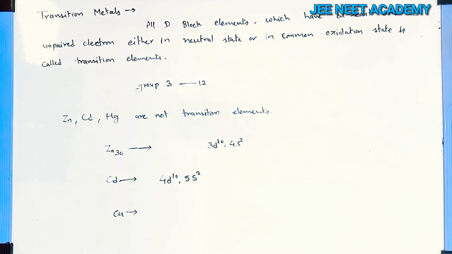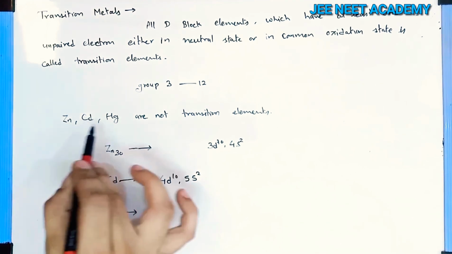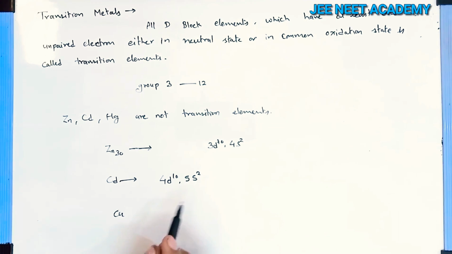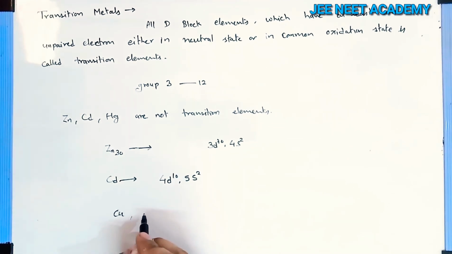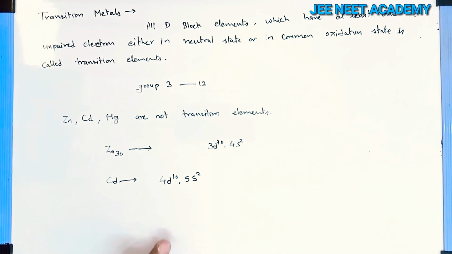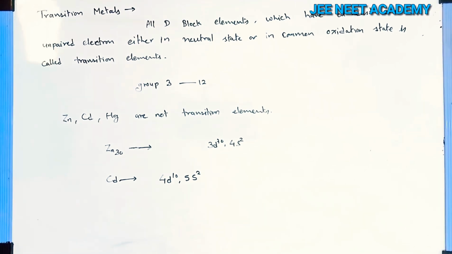For scandium also, for every element of the d block except zinc, cadmium, mercury. There are lots of examples, so there's no need to write them. The next topic, finding block, group and period, we will do in the next video. Thank you.